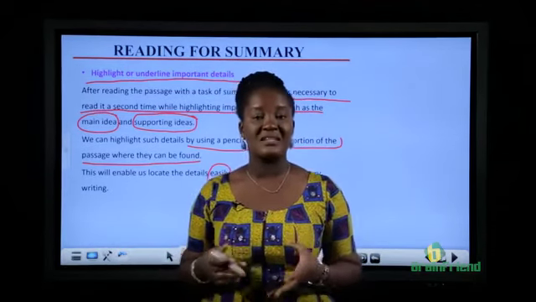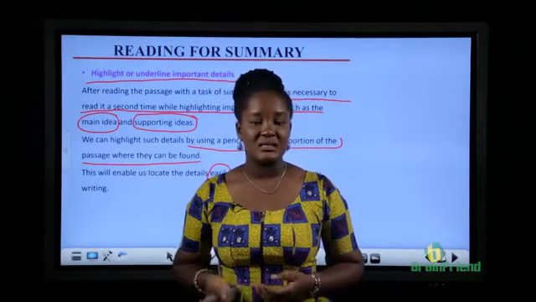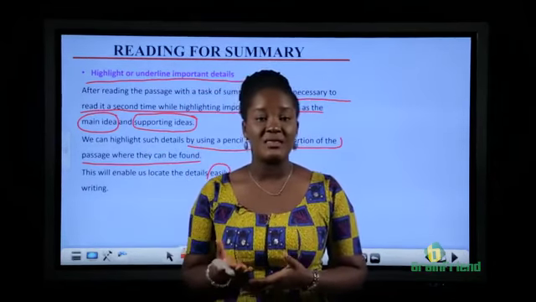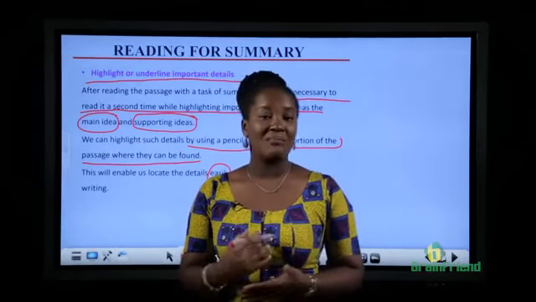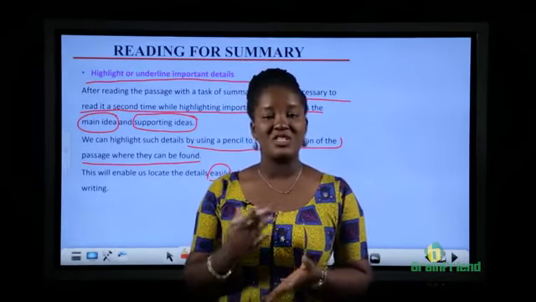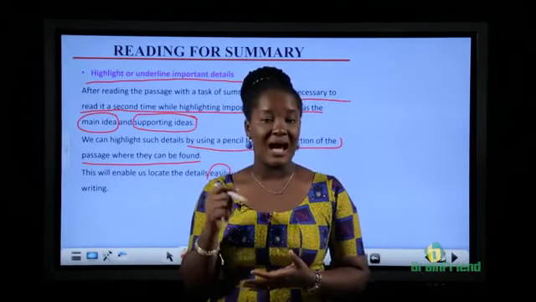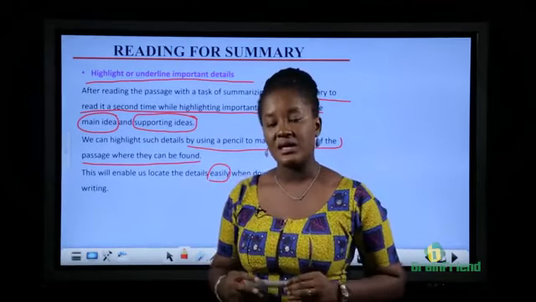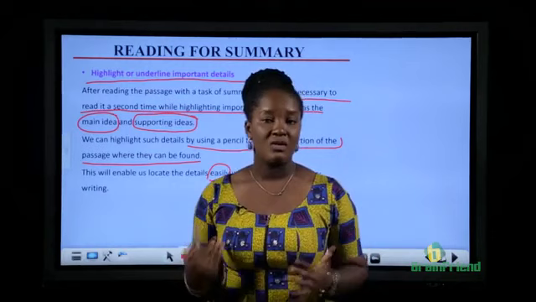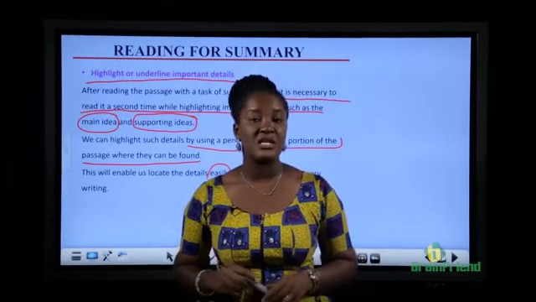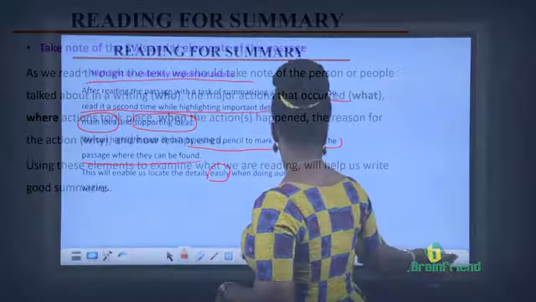So it's very important that as we read through, we mark out those important details so that we would easily find them when we want to put our summary together. If we do not mark them or highlight them, it will be difficult for us to find out where they actually are located in the text or in the passage, especially when it is a long piece of writing. So it's very important to highlight those important points.